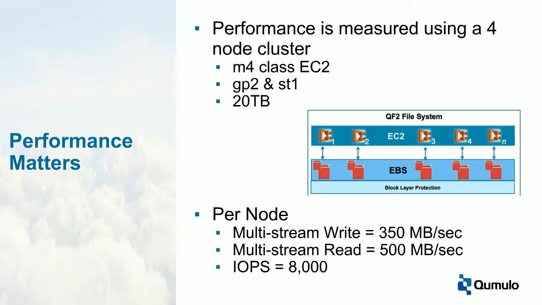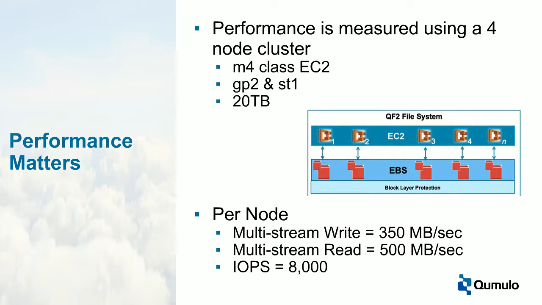it's built using M4 class EC2 instances, which are a general purpose compute instance inside of EC2, and then we back it with EBS, which we can put both high performance SSD-like storage underneath that instance, as well as more traditional general purpose storage, so that for reads and writes you get the performance that you need from an SSD layer, and back it with less expensive general purpose storage.